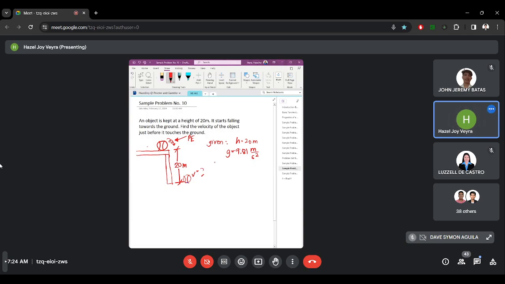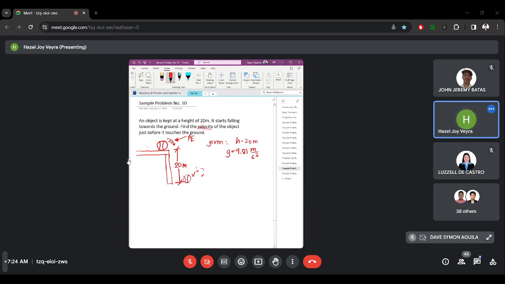So, before siya mag-fall sa ground, before the ball hits the ground, we are asked to find the velocity of the object. So, take note that at this point, at the moment before the ball touches the ground, that is where the velocity is the highest. Or that is where the kinetic energy is the highest.